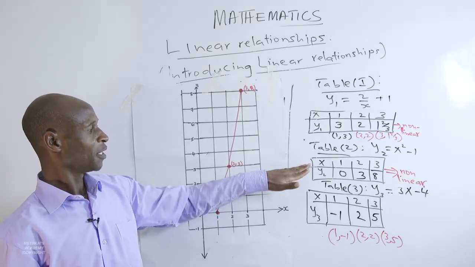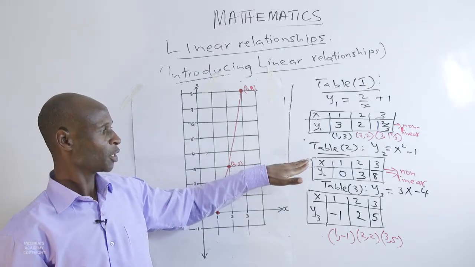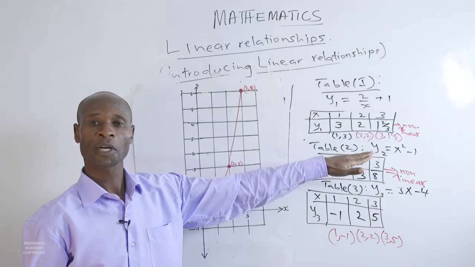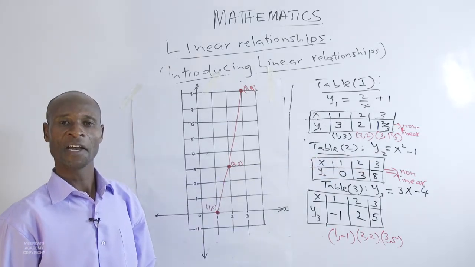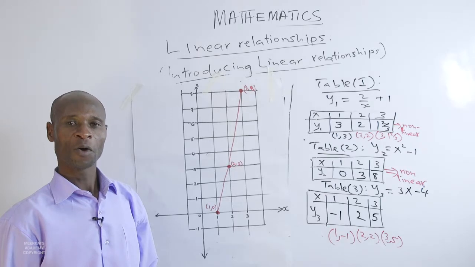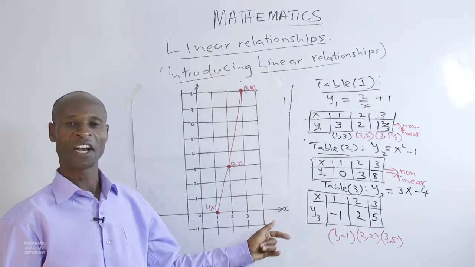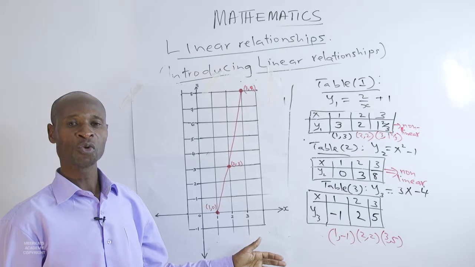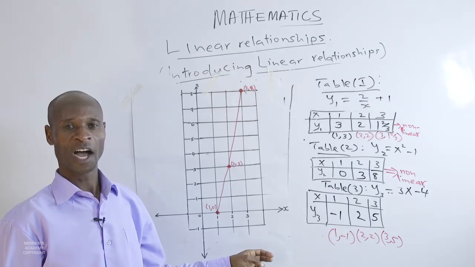We have confirmed that the second equation, y squared is equal to x squared minus 1, is non-linear, and therefore we are only remaining with the last relation which we want to confirm, whether it's linear or non-linear.